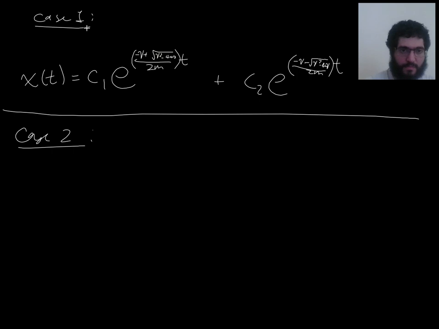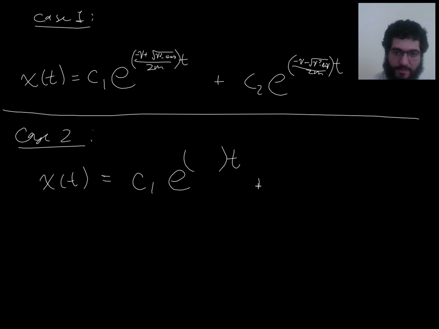And let's look at the other cases, but actually first I want to get some insight as to what is happening. Well, let me just fill in the other case, then let's think about insight, then let's look at case 3 afterwards. So in case 2, we have c1 e to the, and then our single root that we got, plus c2 t e to that same root.